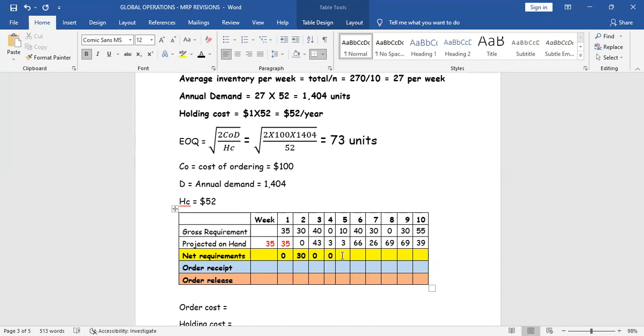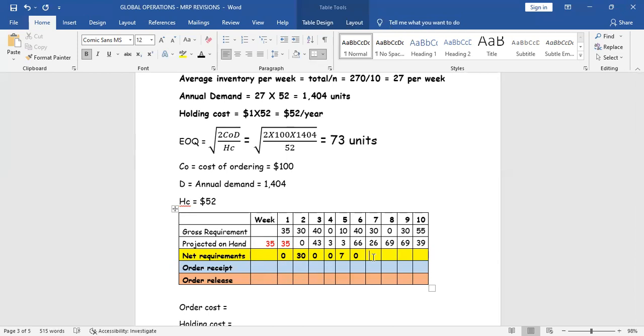Yes, we need a net of 7. Because we require 10, we have 3 on hand. In week 6, the gross requirement is 40. We already have 66. Should we order? No, we already have 66, and we only require 40. Nothing to be ordered here. No net requirement.